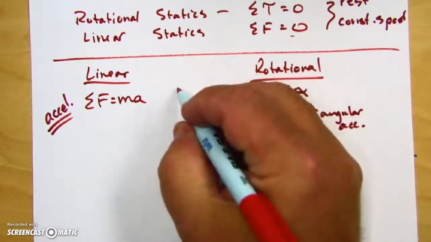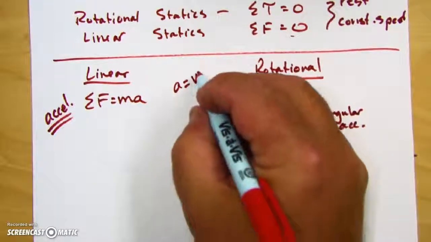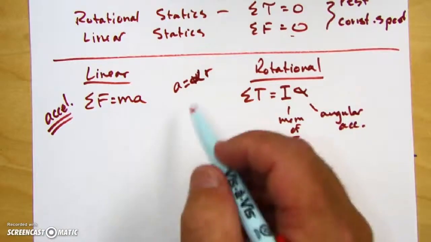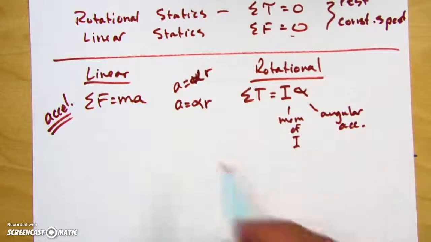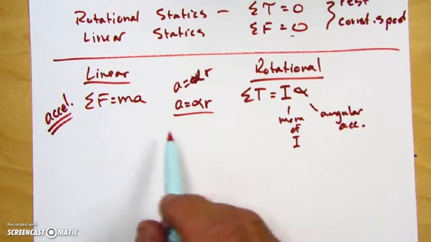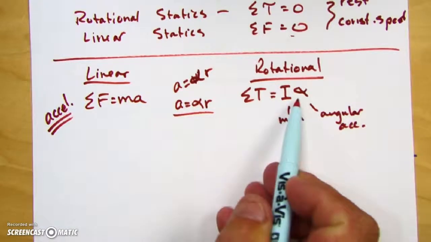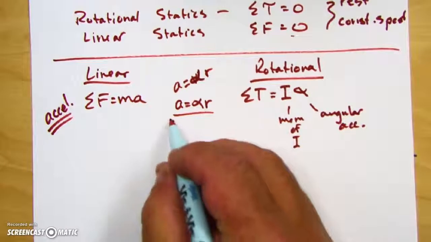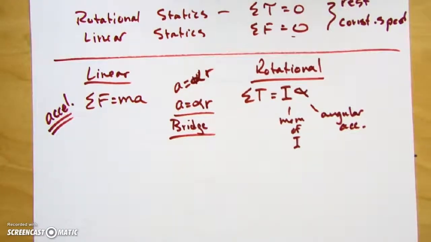And we have a bridge equation: a is equal to alpha times R. Let's rewrite that. a is equal to alpha times R. That's a bridge equation that allows you to compare linear a and rotational acceleration. So this is a way to bridge between the two different topics.